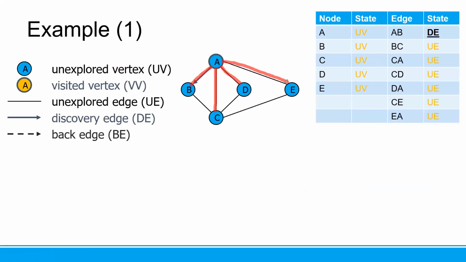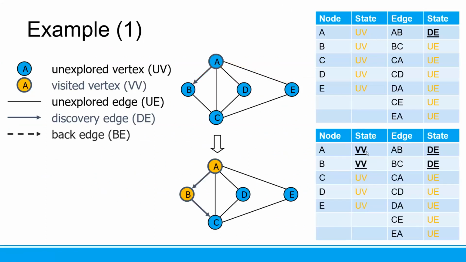But I would like to check one by one. First, I would like to check A. A will be visited, and then I would like to check AB, which is now a discovery edge, because it is the first one, which is an unexplored edge at the first time.